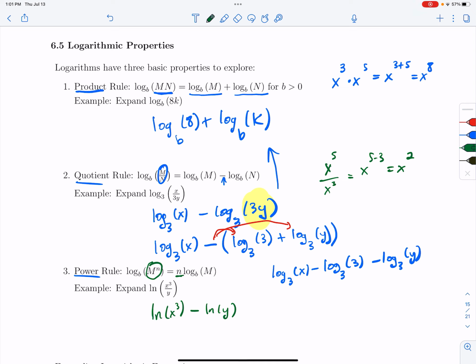And then notice I have that power inside the argument of the first term. So this will become 3 ln of x minus ln of y. One way to remember this rule is if I have x to the 3rd all raised to the 5th, I'm going to multiply 3 times 5. So this becomes x to the 15th.